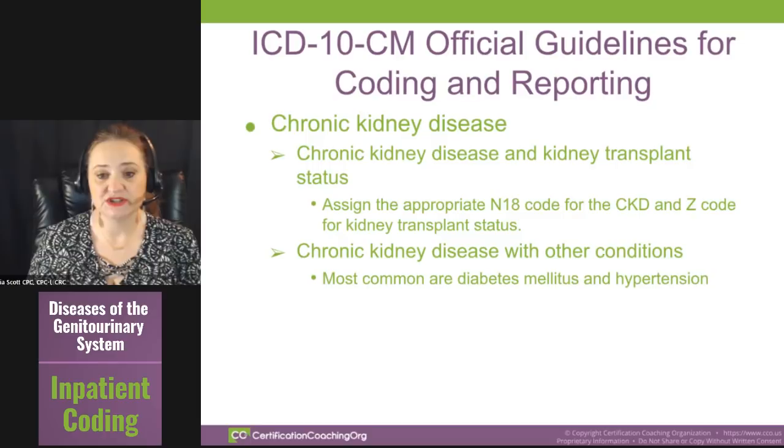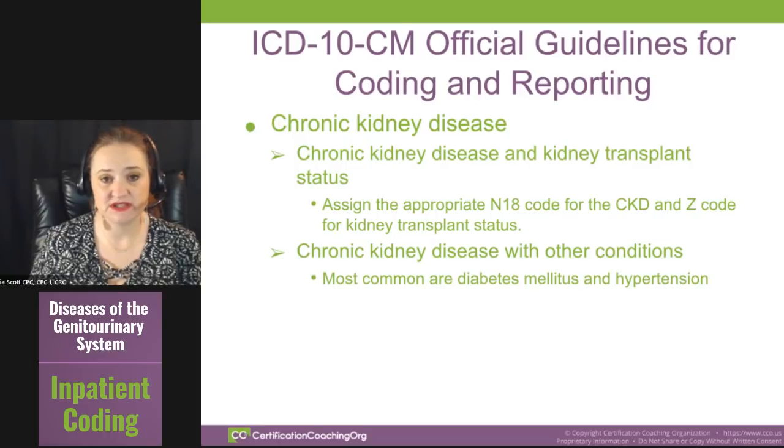There are other conditions often coded with CKD. Very seldom do you have a person that has CKD alone. They'll typically have hypertension, and a lot of times diabetes. If you have a person with CKD and diabetes, there's a causal relationship, so it's diabetic CKD.